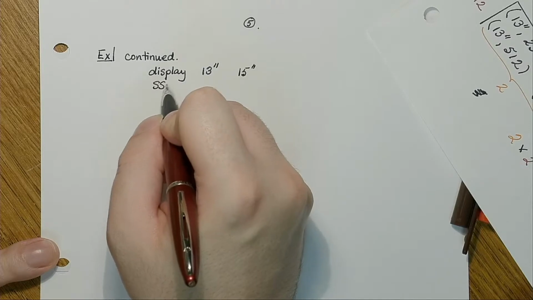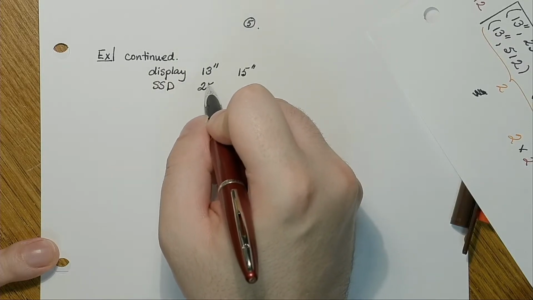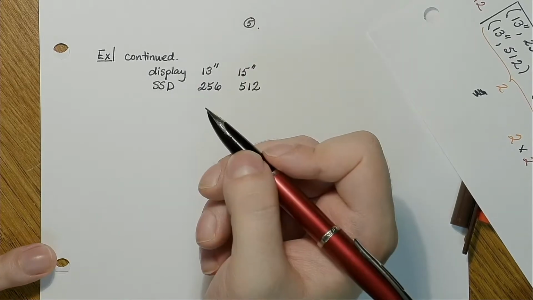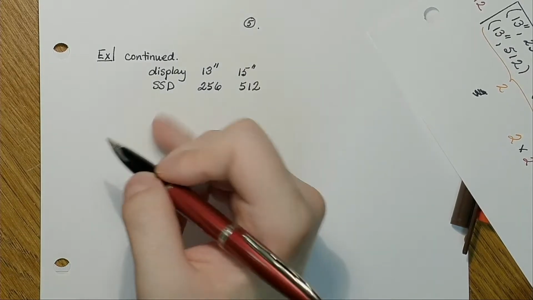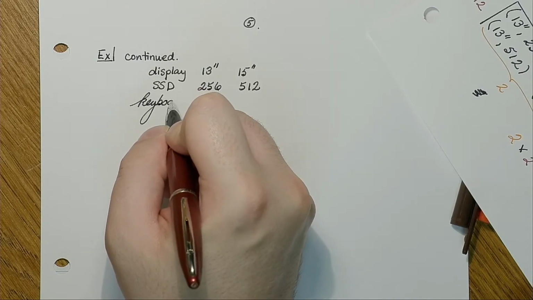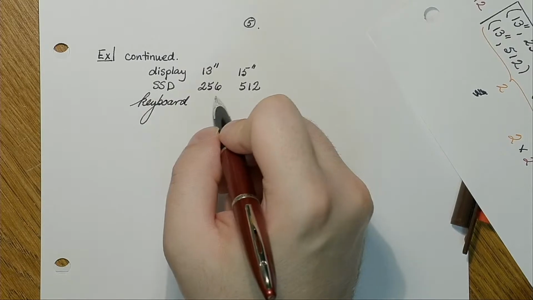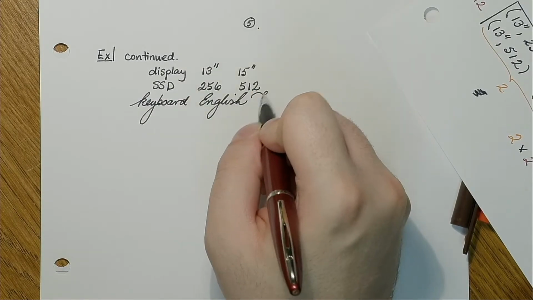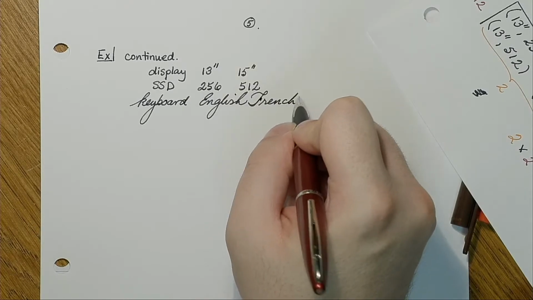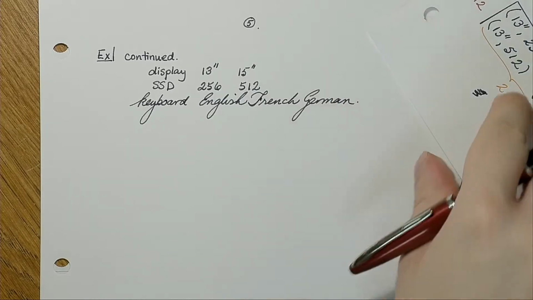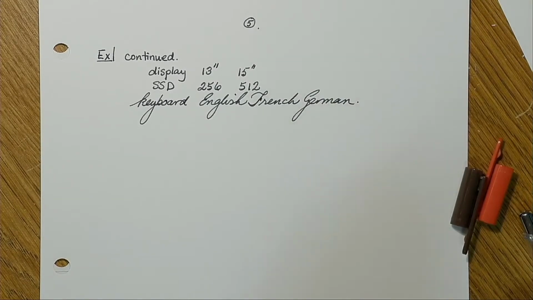We had an SSD, which had 256 gigs and 512. And then let's say that you can change the keyboard. So we could have it in English, we could have it in French, we could have it in German. Let's say 3 possibilities. There's many, many languages you can change the keyboard to, but let's say 3.